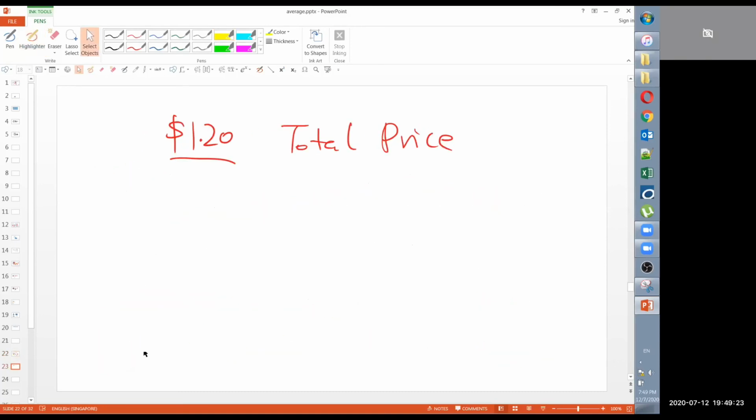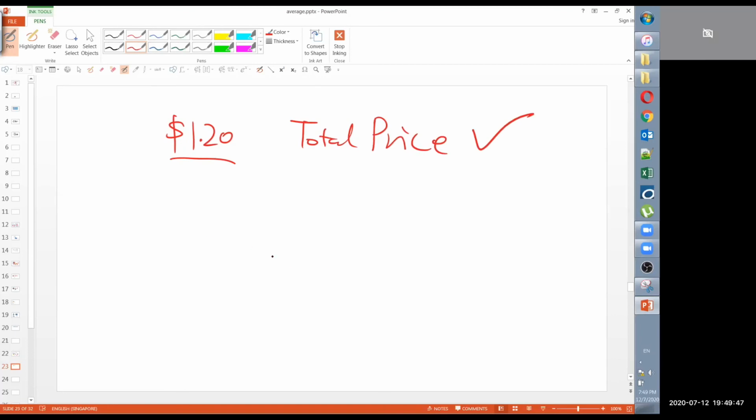Now, what's the name for your 120? Total price. Why? Because total price include GST. Nice.